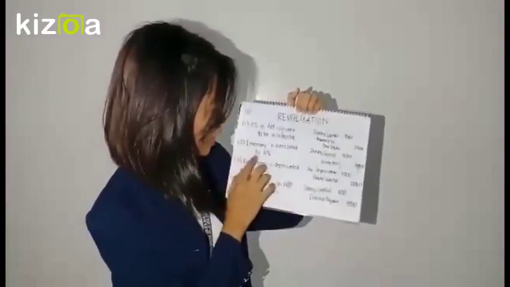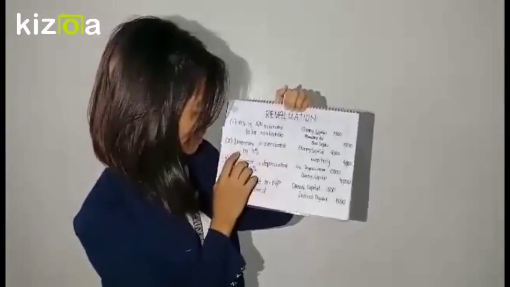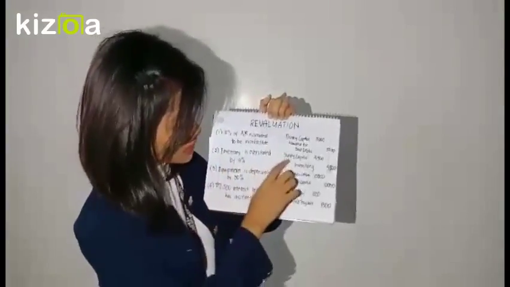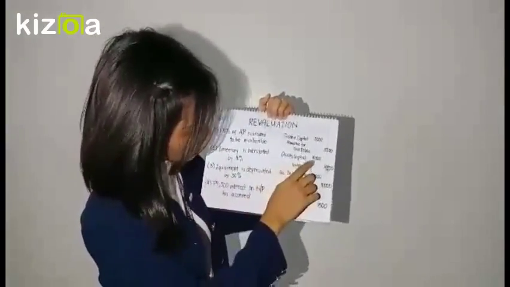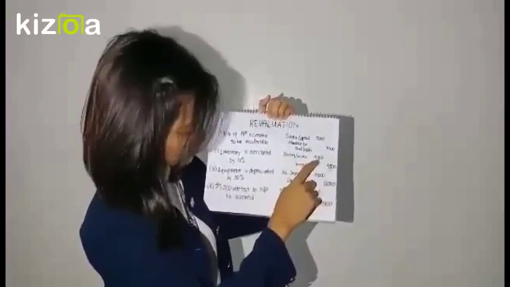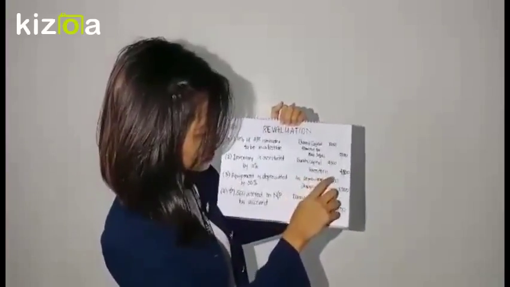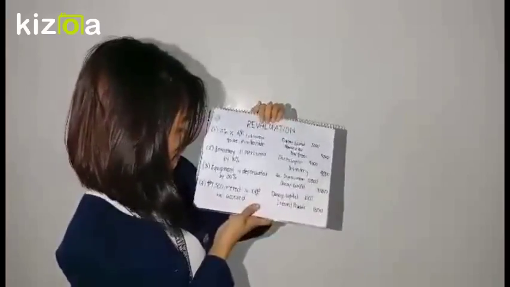Number 2: inventory is overstated by 10%. Danny's capital is debited 4,500. Inventory is credited 4,500.